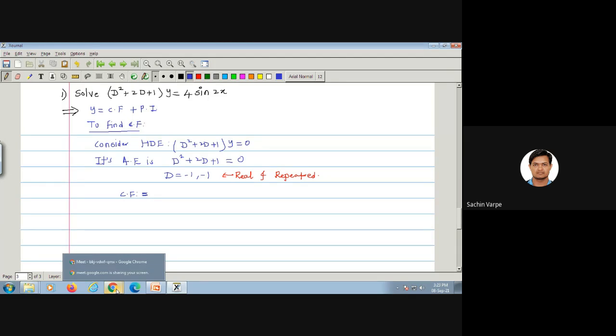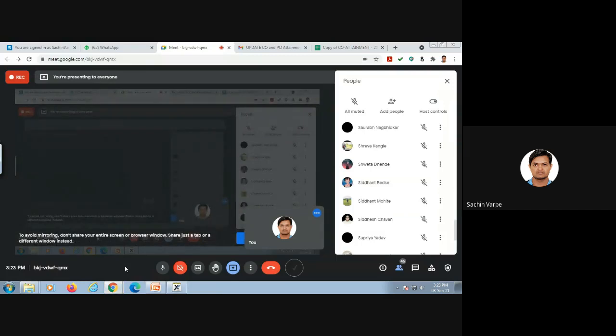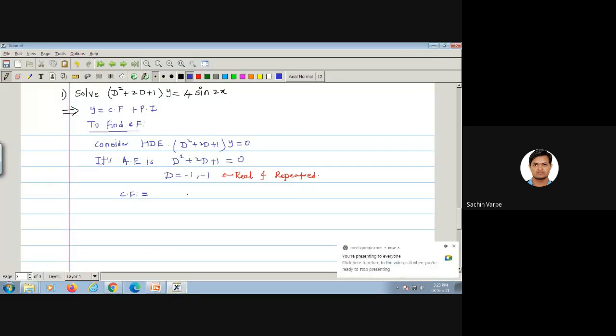You're not audible. Okay, I'll note this. Siddhant, are you there? Yes, sir. Okay, Siddhant, let's say, what is a complementary function, Siddhant?